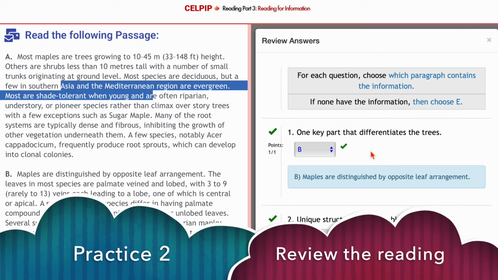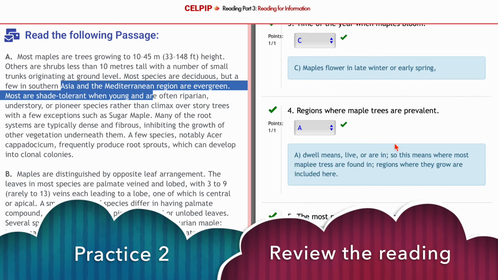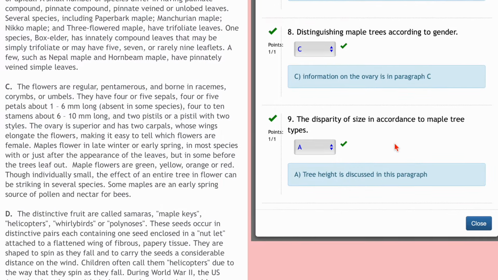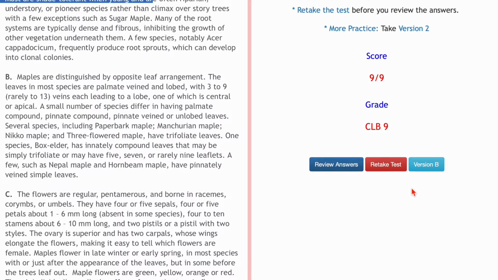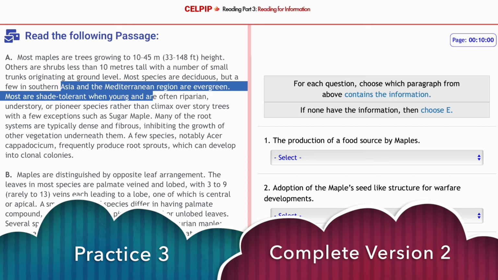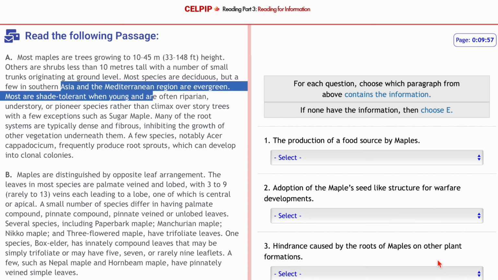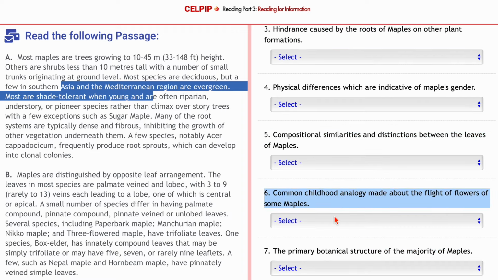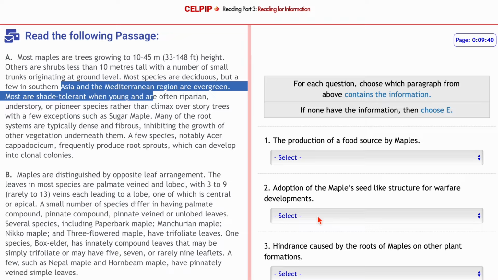I would definitely review the questions and the vocabulary here as well, okay? Very good. And also, everyone, don't forget that we do have version 2, which is the same reading, except different questions. All the questions are a little bit different, a little bit more difficult. Version 2s are usually a little bit more difficult.